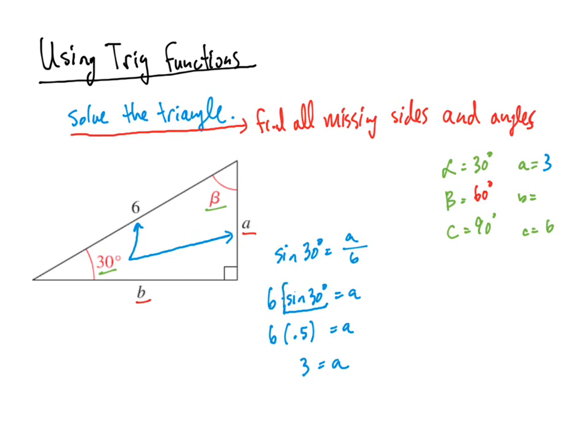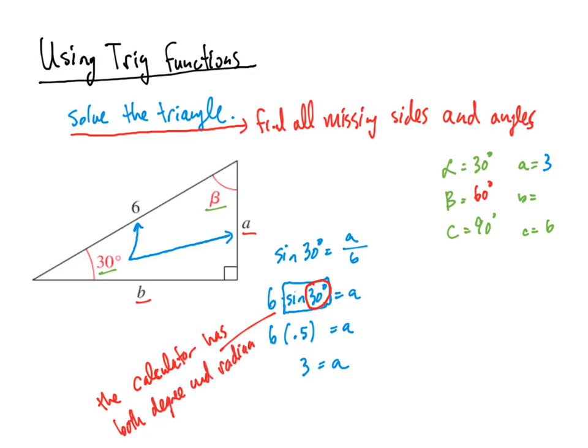Now, if you've never done anything like this on a calculator, there's a couple things to keep in mind. Remember, the input for a sine function is an angle. We can write angles in degrees or radians. So when we're doing that, we need to make sure that the calculator is in the correct mode. The calculator has both degree and radian modes.